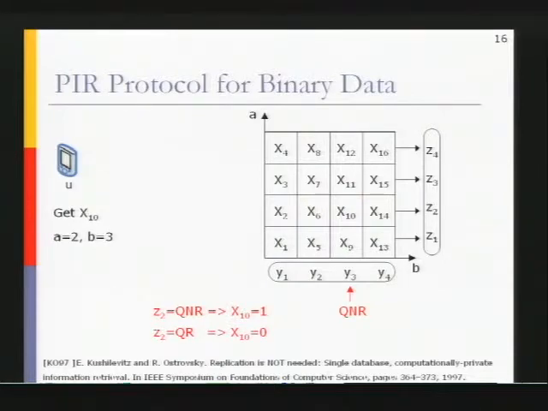We have seen earlier that if I multiply two QRs, I only get a QR. So the only way for this Z to be a QNR is if Y3 was included in the product. And Y3 is included in the product for the corresponding row only if X10 was 1, right? Questions?